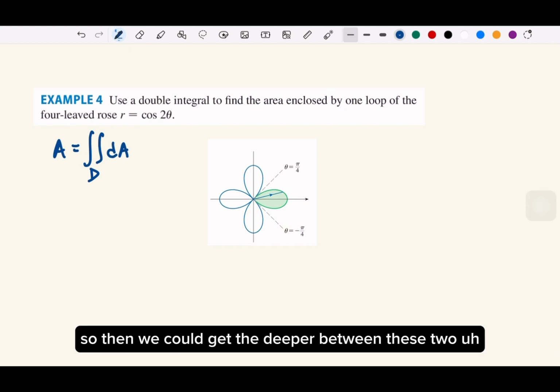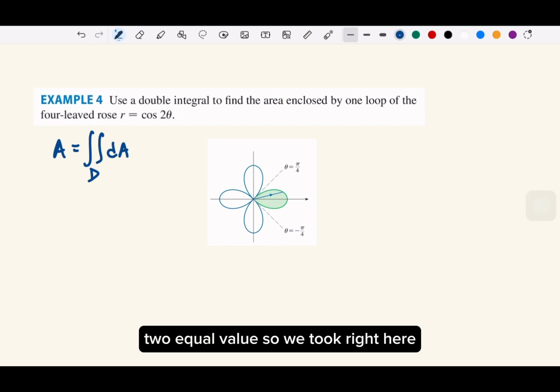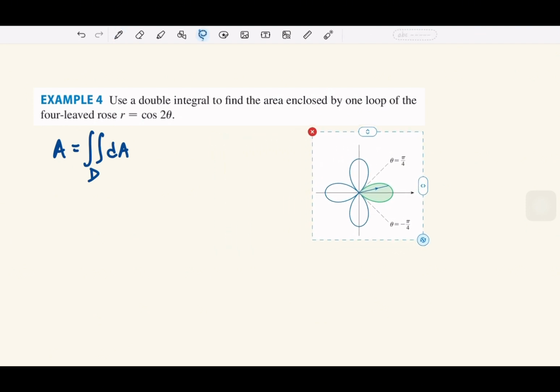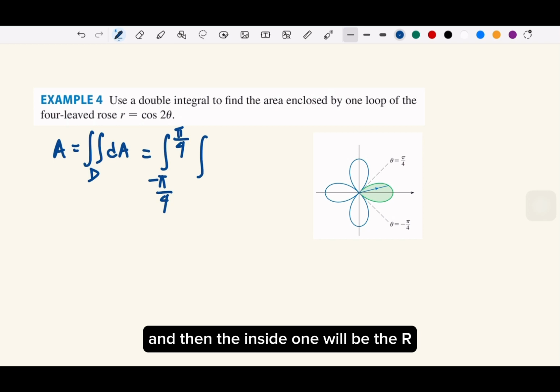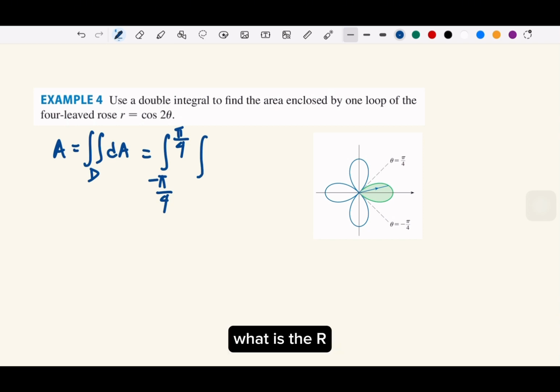So then we get theta between these two values. We could write here, theta from negative pi over 4 to pi over 4. And then the inside one will be r. What is the r?